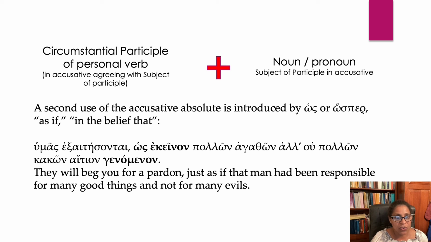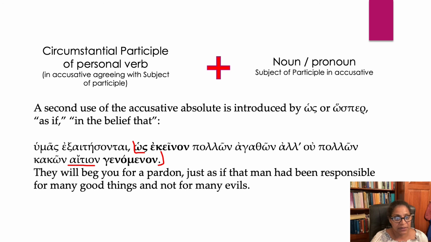And then hos ekeinon pollon agathon, ou pollon kakon aition genomenon. Right, so here's your absolute clause. So as if that man were or had been responsible for many good things and not many bad things.